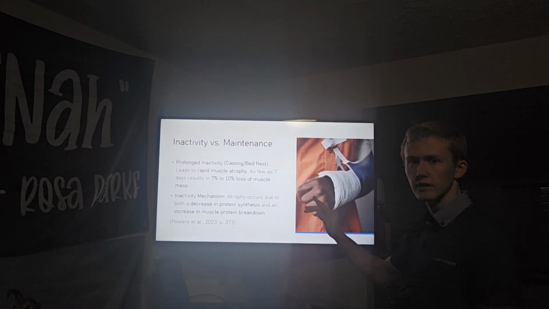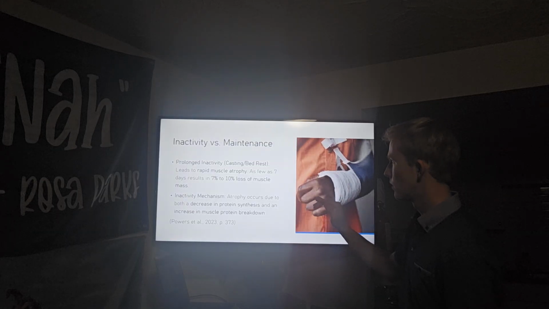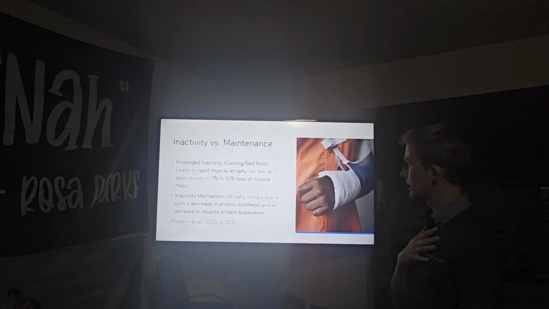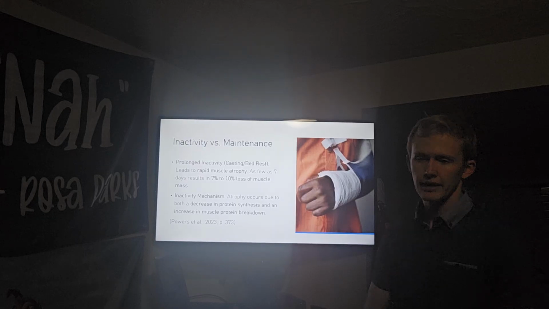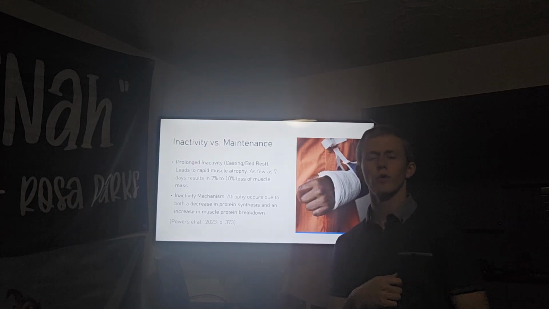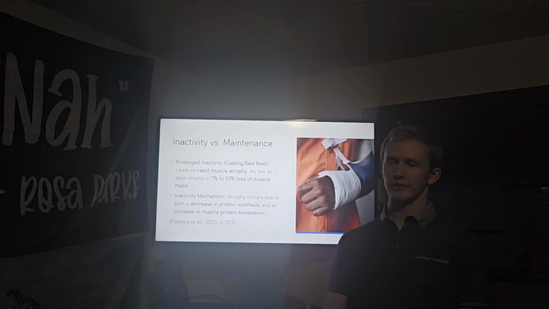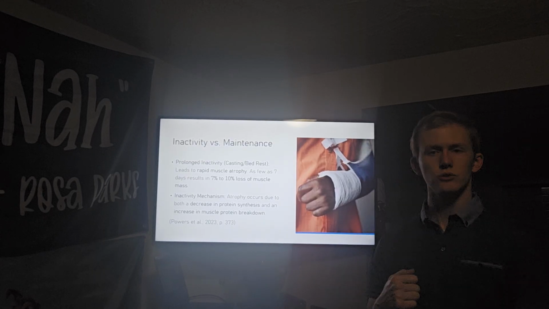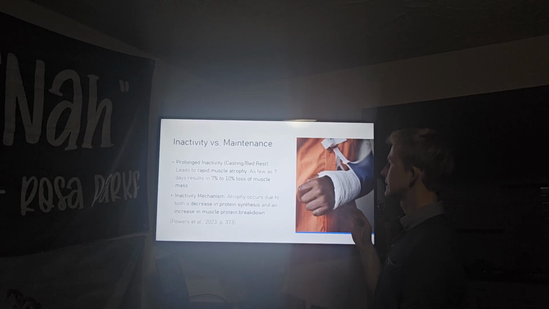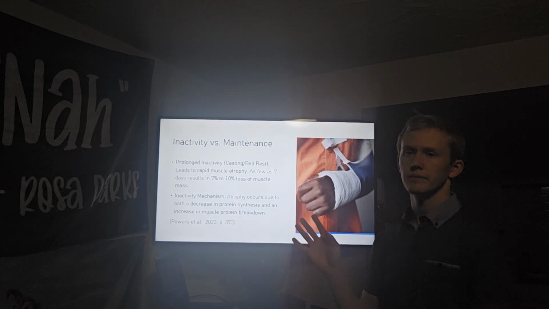So inactivity versus maintenance. Prolonged inactivity: let's say that you were to break your arm or your leg or dislocate something, whatever it might be, right? You're not able to use that muscle. It leads to rapid muscle atrophy.